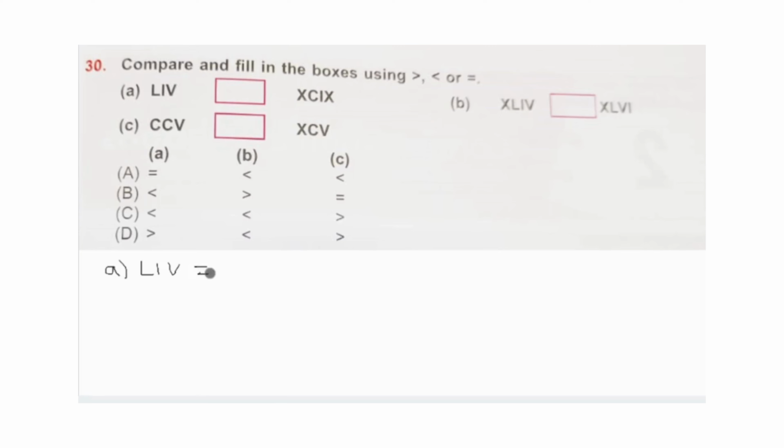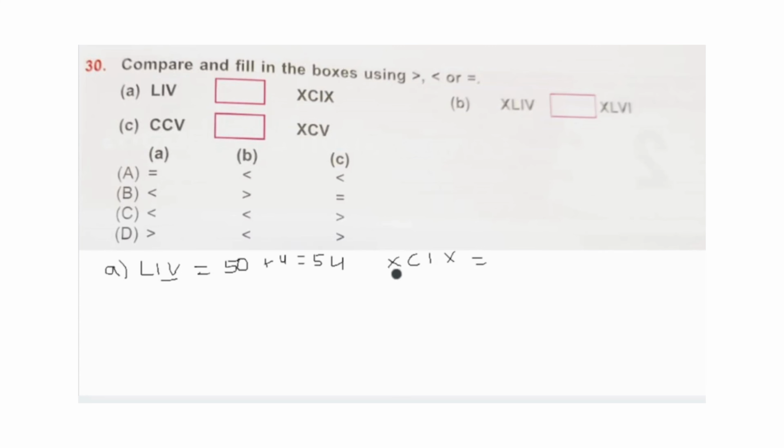LIV is, L as you guys know is 50, and then you have 4. So its value is 50 plus 4, which is 54. Now the other part of this question is XCIX.